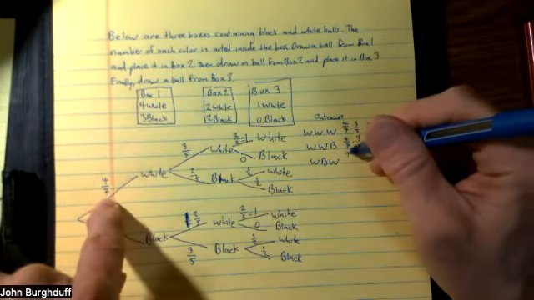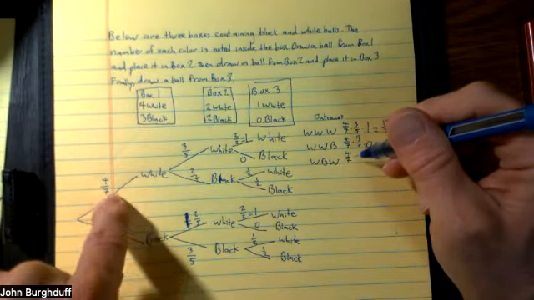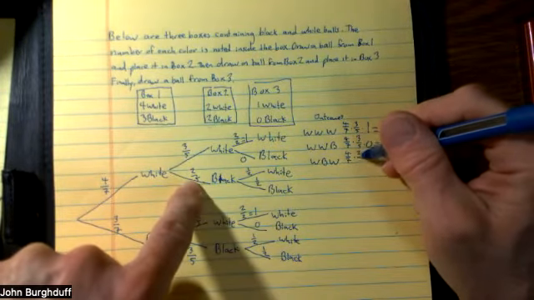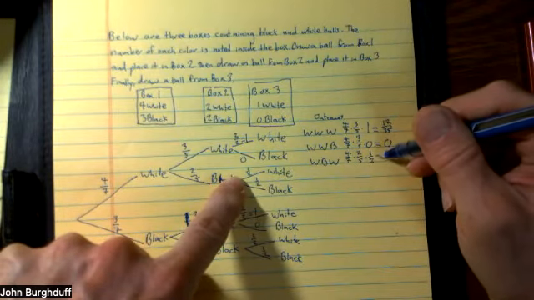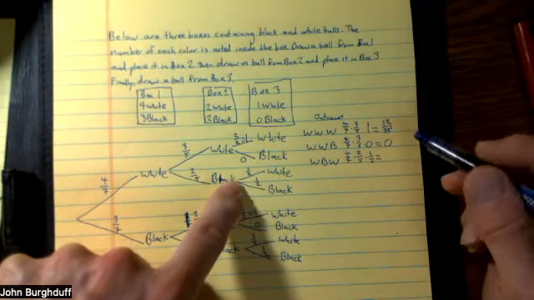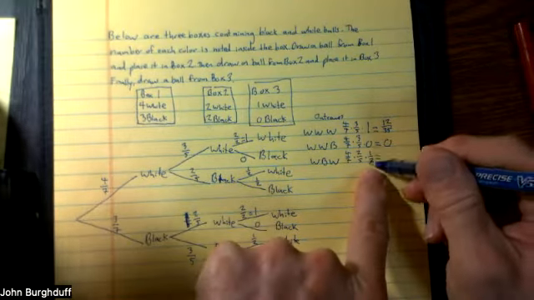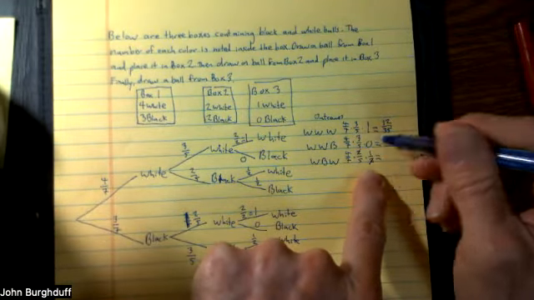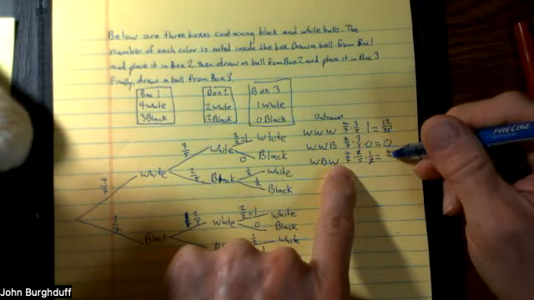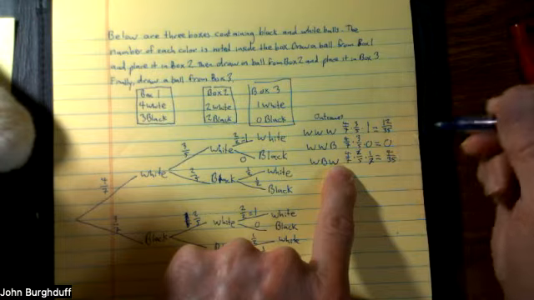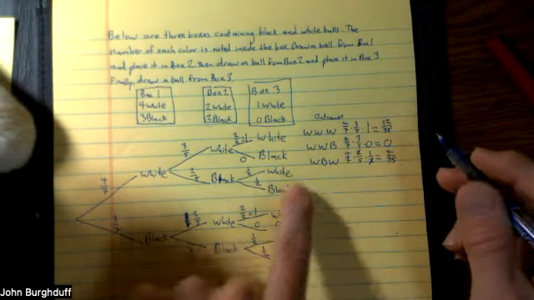Go down another branch, white, black, white. The probability would be 4/7 times 2/5 times 1/2. That's kind of a nice one because this 2 would divide that 2, and my probability would be 4 over 35. That's pretty nice.